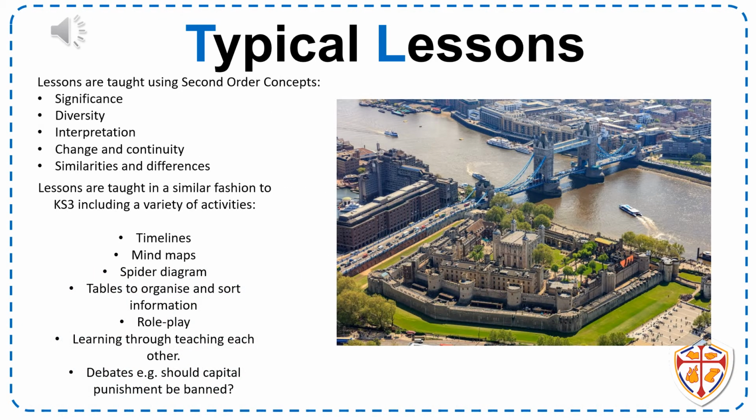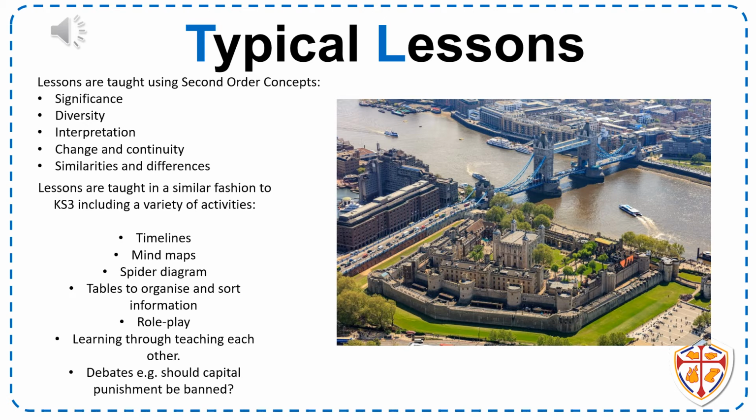So lessons are taught using second order concepts, just like we do at Key Stage 3, focusing around issues such as significance, diversity, interpretation, change and continuity, similarities and differences, cause and consequence. And these are the key ways that history and effective history is taught. Lessons are very similar to those of Key Stage 3, a range of activities, timelines, mind maps, spider diagrams, video clips, tables to organise and sort information, role play, discussion, debates, learning through teaching each other, putting the onus on independent learning as well.